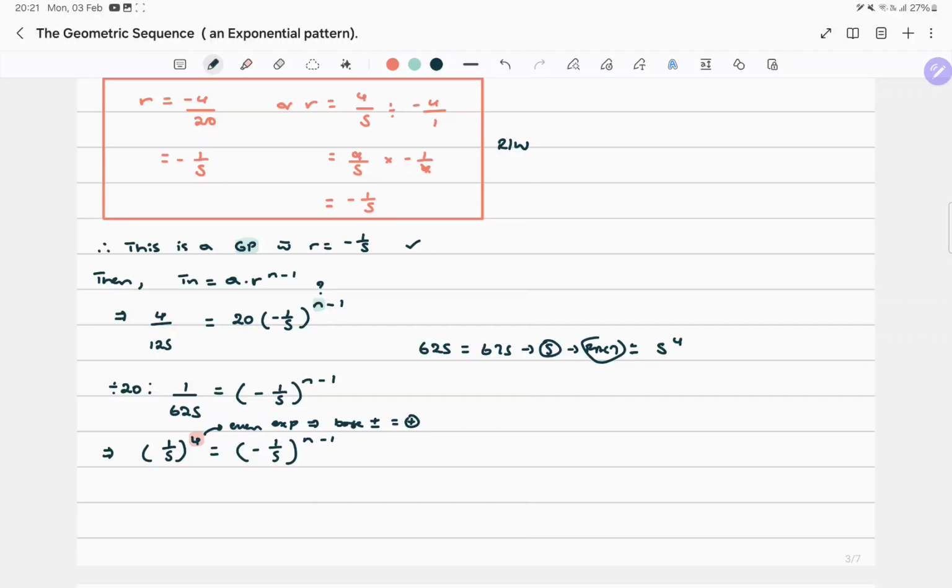Right? So this is something, guys, you'll probably not notice, because in some textbooks or even in general teaching it is not often highlighted. Just remember, once we have an even exponent, the base can be either positive or negative, but the resulting answer is going to be positive.